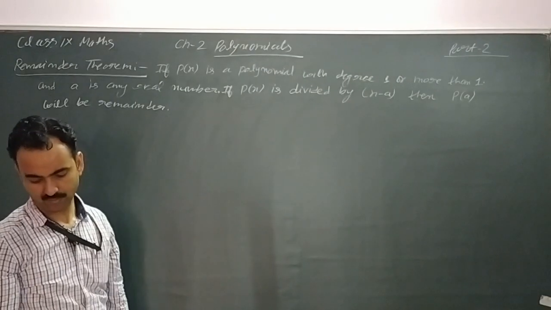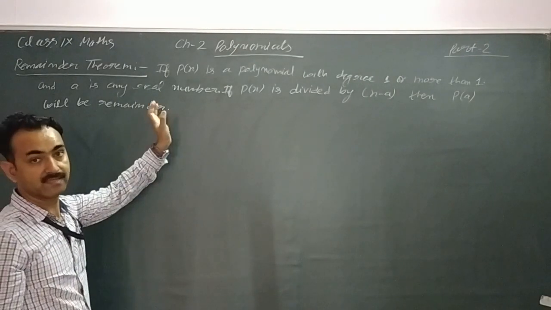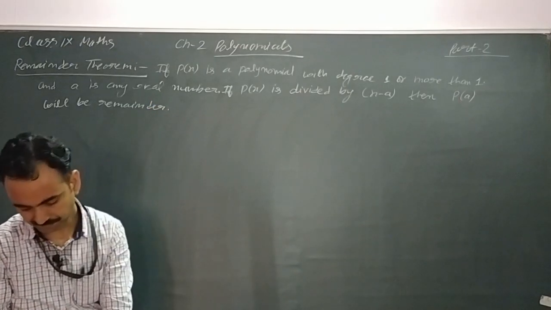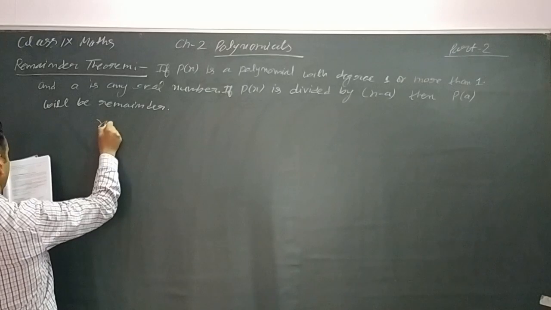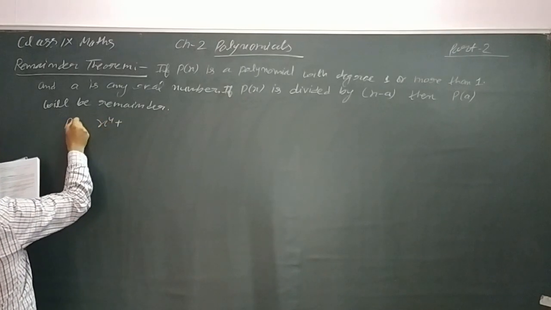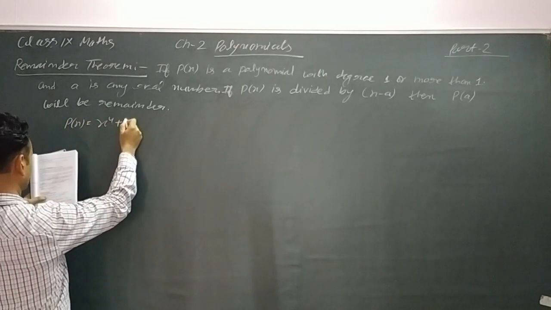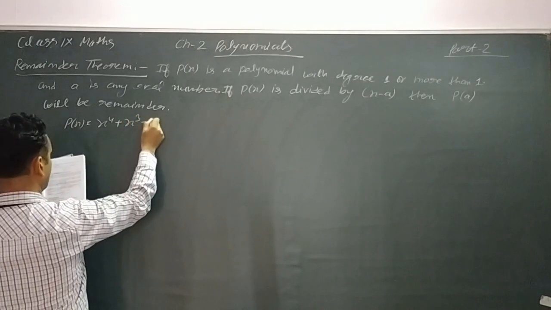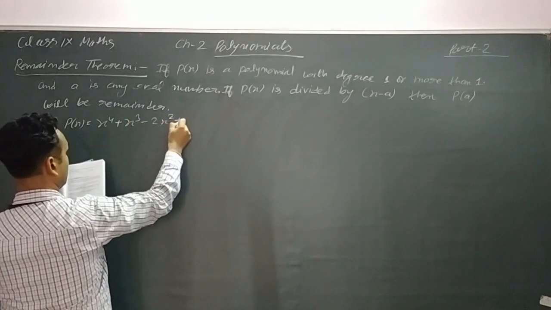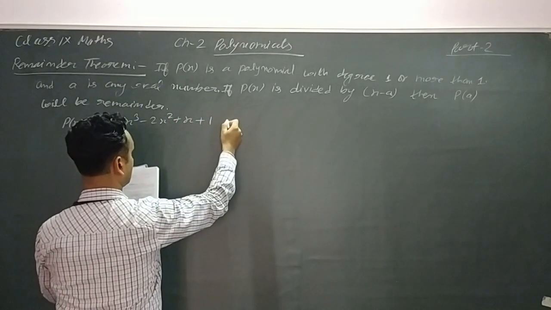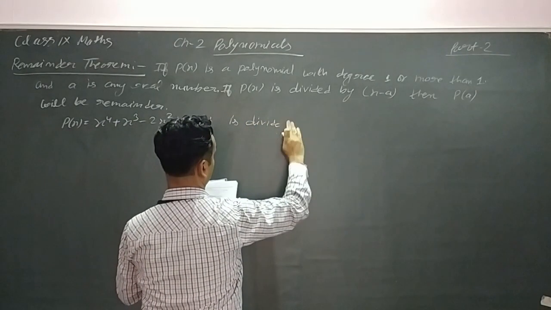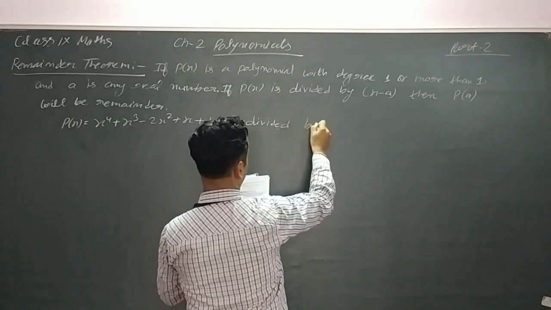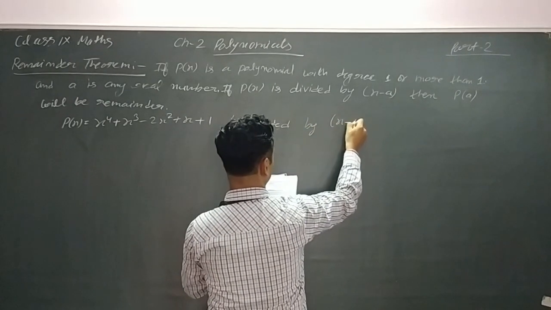So let's take an example. P(x) is equal to x raised to 4 plus x cube minus 2x square plus x plus 1, and it is divided by x minus 1.